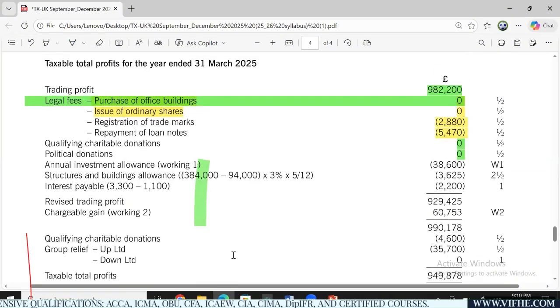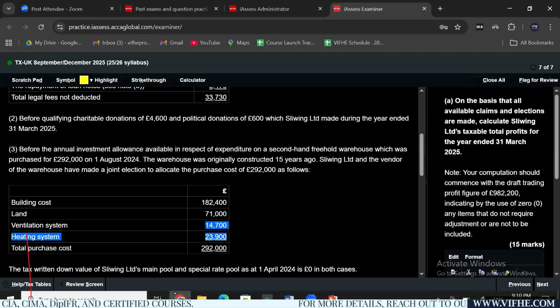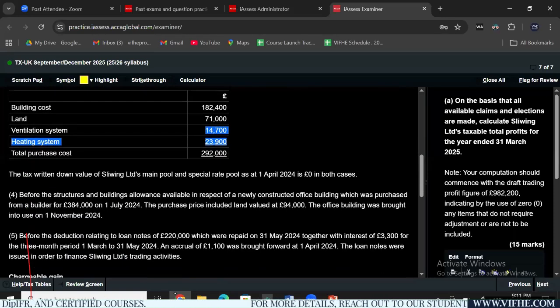Now, 38,600 is the value of AIA to be claimed on integral features of the building. Then the next thing is there is no opening pool value, I mean, neither related to main pool or the special rate pool. Otherwise, we would have calculated capital allowances in a normal way as well.